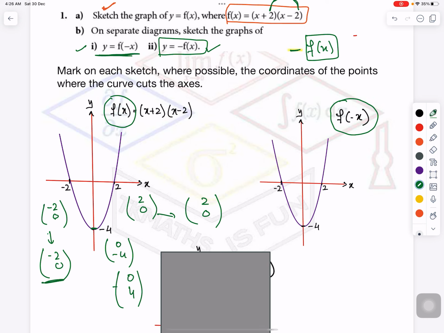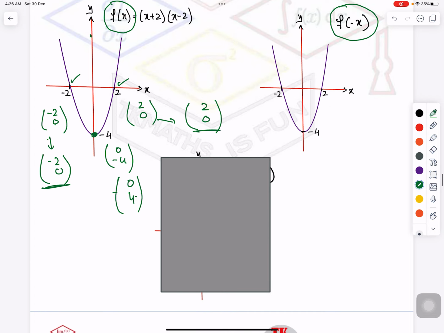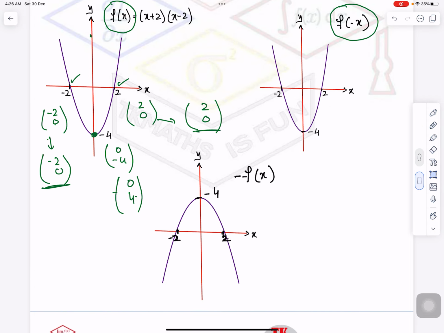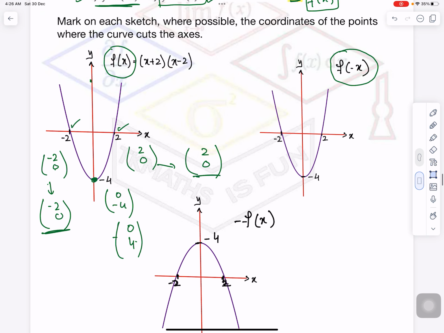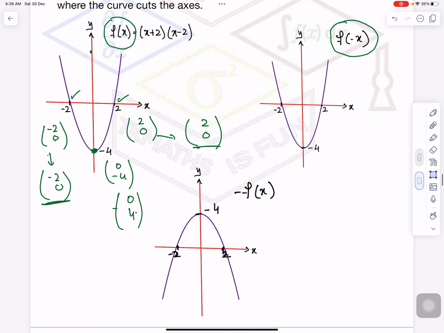So my coordinates are minus 2, 0. 2, 0 remains same. But 0 minus 4 will go from here to here on the top. Agreed? So once you have identified the points, you can easily sketch the graph. So this is how you complete your sketching. And do highlight points, x-intercept, y-intercept, and do mention which graph is this, like I have done here.